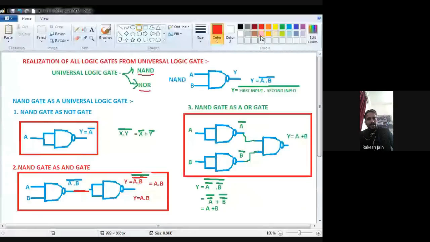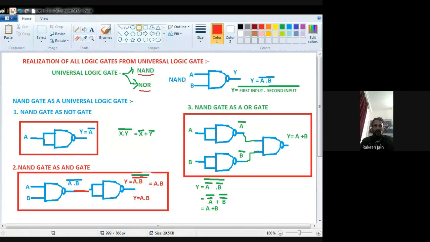Now we require to convert NAND gate into a NOR gate, a XOR gate, and a XNOR gate. Okay, so now see, NAND gate as a NOR gate. That is very simple. If you understand this one, then it will be very simple for you to convert a NAND gate into a NOR gate.